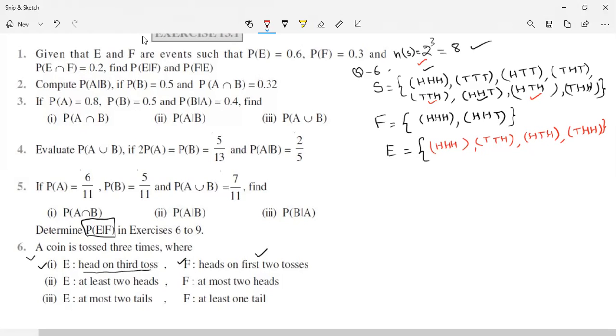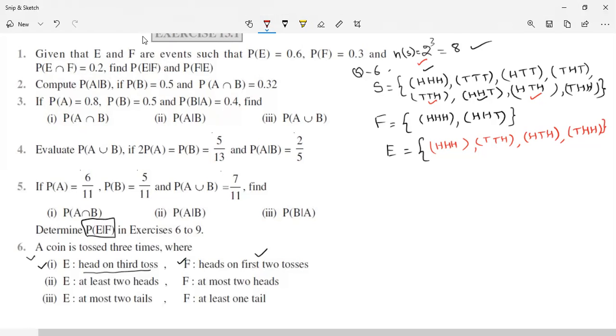So we got the number of outcomes in F and the number of favorable outcomes in E are 4.